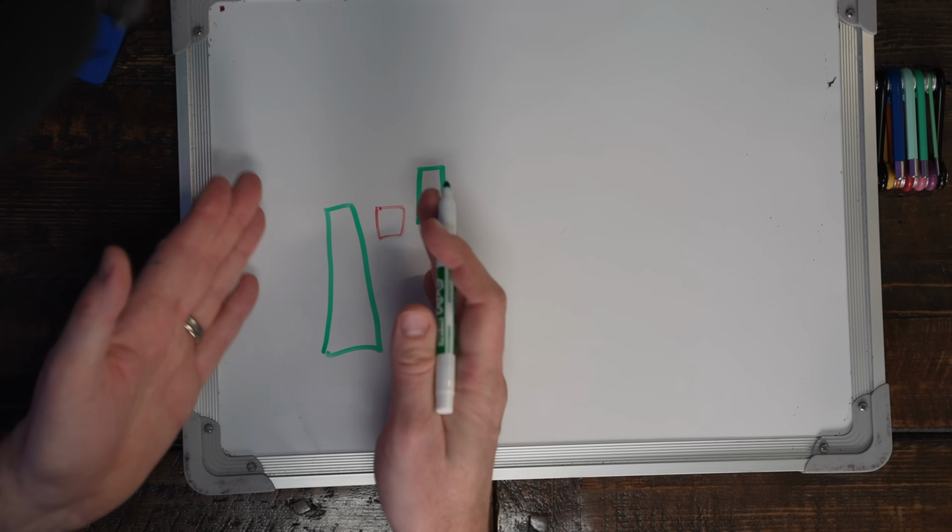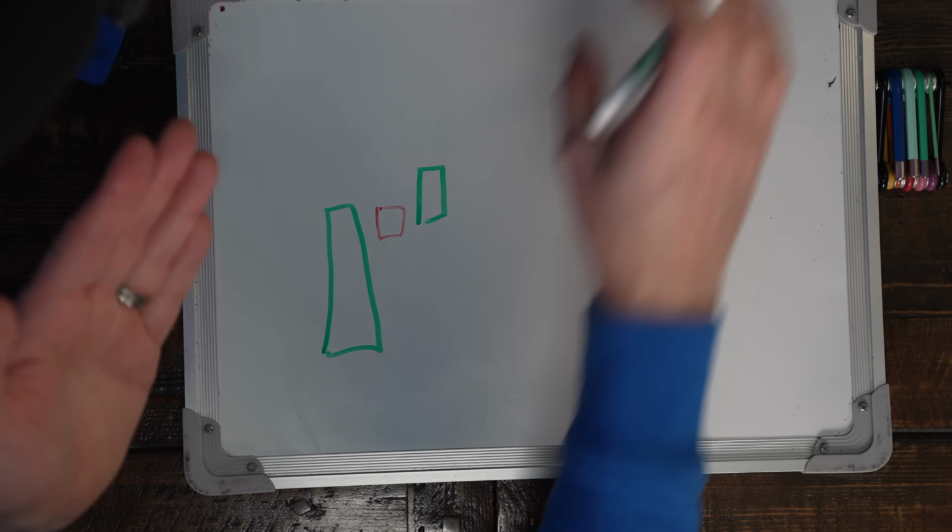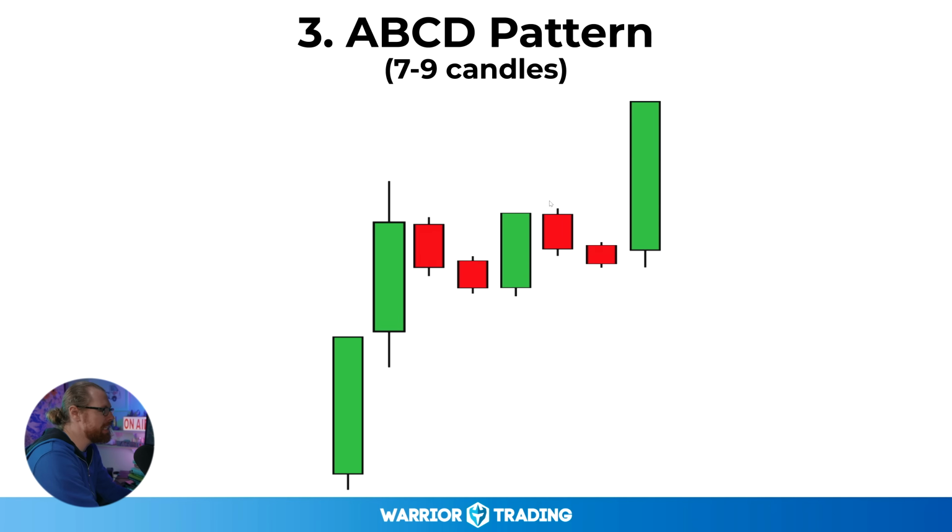So then you're actually getting, in a sense, a mini bull flag on the 5 minute time frame. So you actually have multi-time frame alignment where both the 5 minute and the 1 minute are giving us the same signal, and it's a buy signal. So this is the ABCD pattern, which is a very powerful setup.